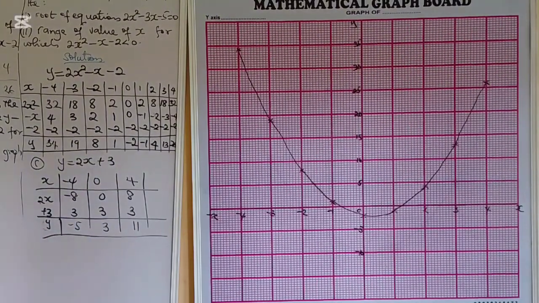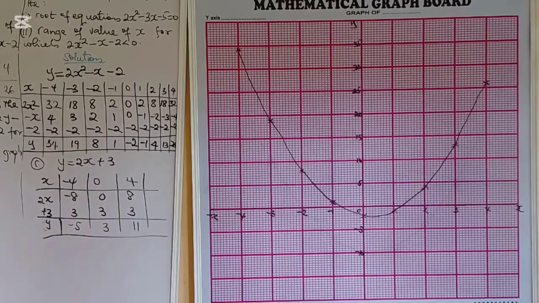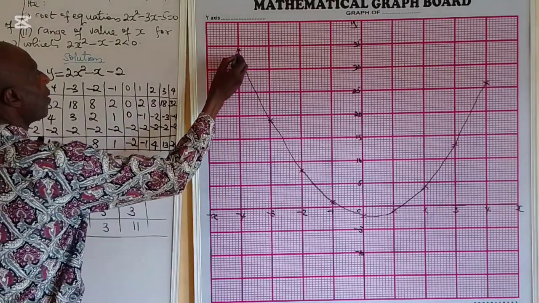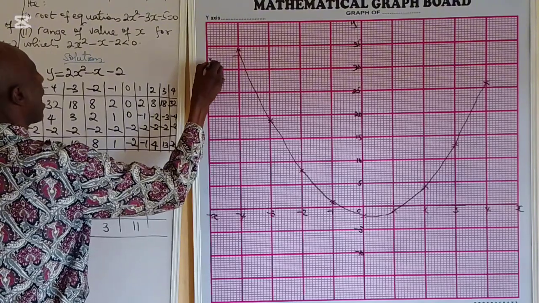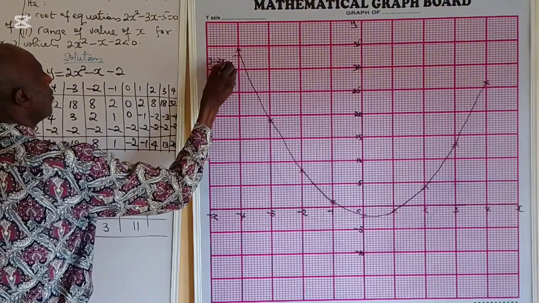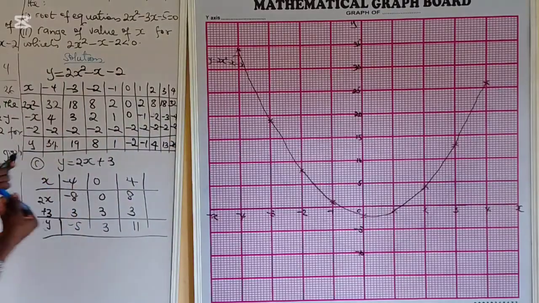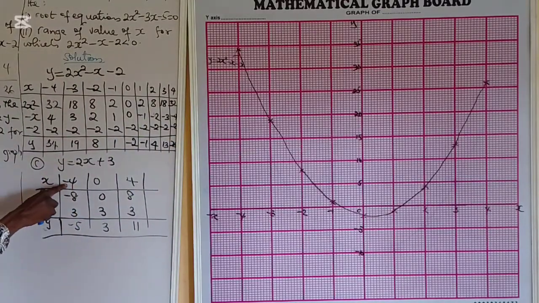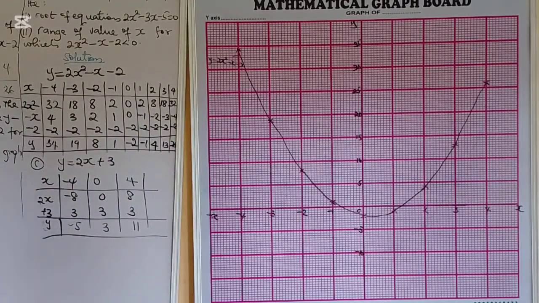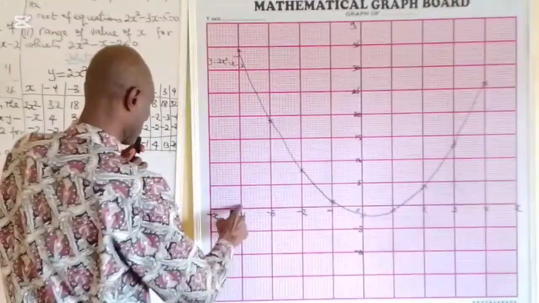So we can now plot the graph again on the same graph. Now, because this one we have plotted is for y is equal to 2x squared minus x minus 2. Now, let's plot. When x is minus 4, y is minus 5. Look at minus 4.